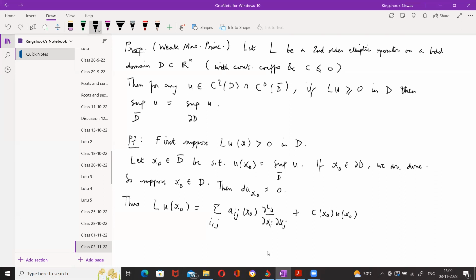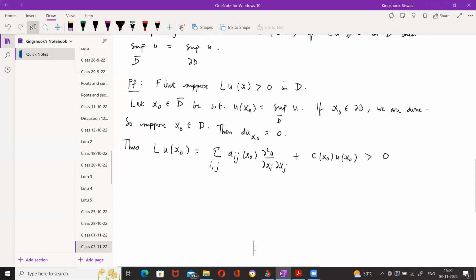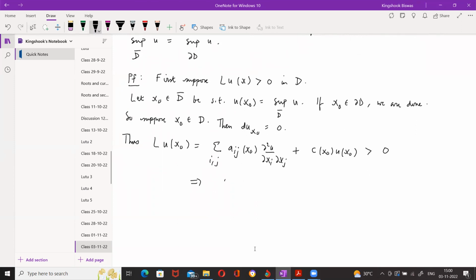This is strictly positive. And so therefore, that implies that this sum over aij of x naught times the second derivatives is strictly greater than minus c of x naught u of x naught.